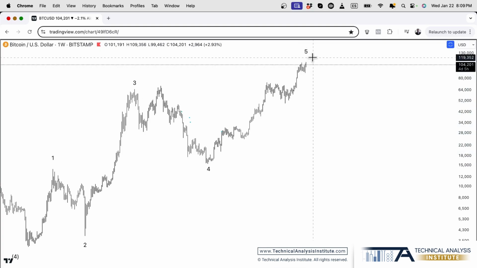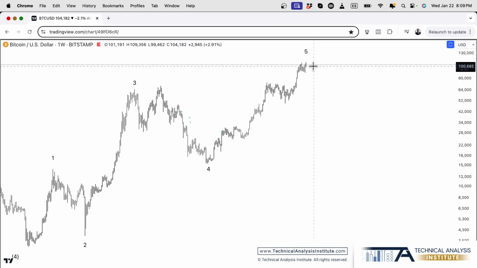So the probability that prices continue moving higher is very low. The probability that prices start falling dramatically in 3 waves and that Bitcoin loses a high percentage of its value is extremely high.